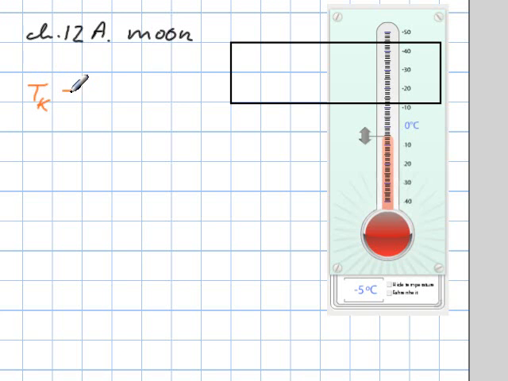The first TK is given as 375 kelvins, and the second TK is given as 100 kelvins. I don't think I need this box here. It's pretty much just converting from one temperature to another.